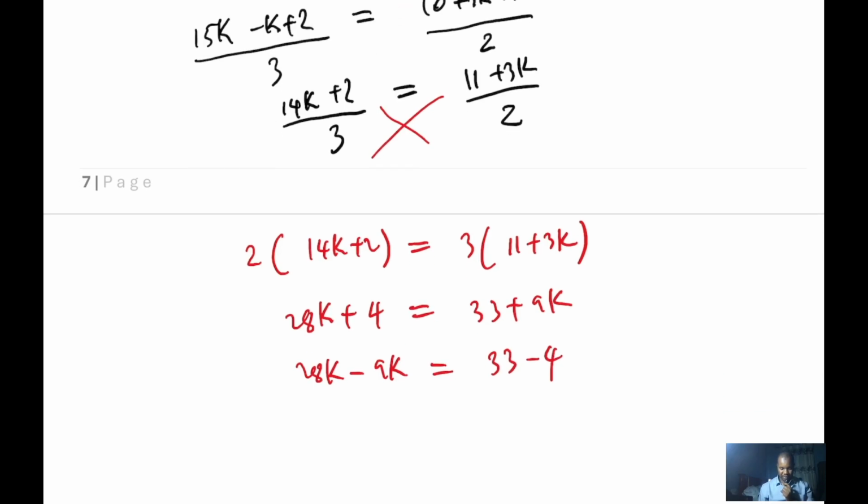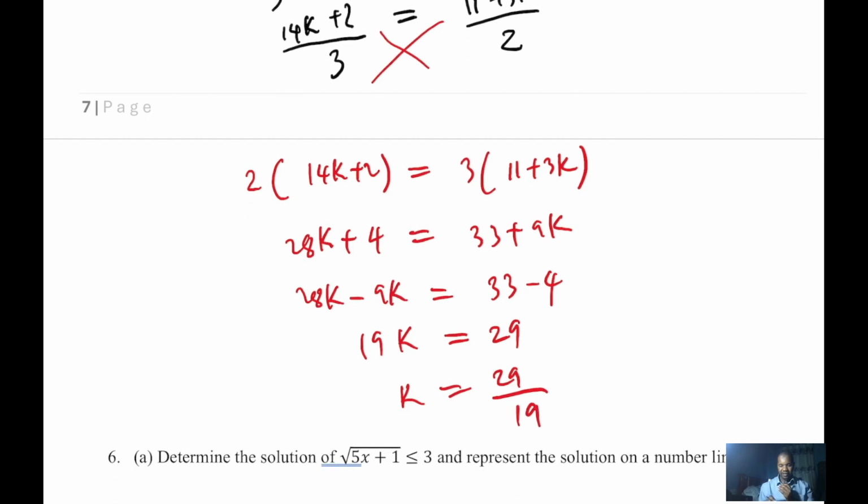So 28k minus 9k, 28 minus 9, you get 19. So this is 19k, of course, equals 33 minus 4, you get 29. So k will be 29 over 19. Dear students, that is the solution for question number 5b.